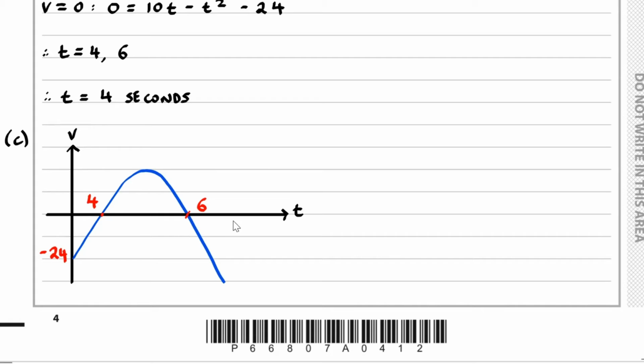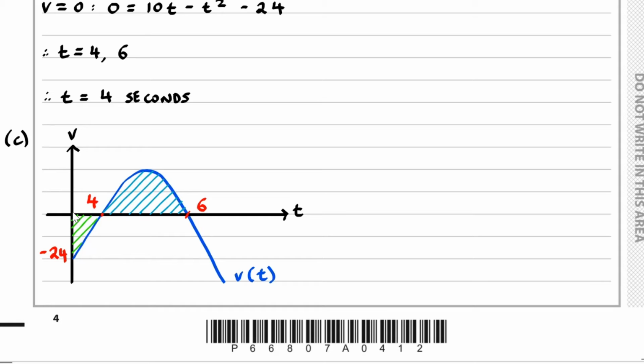Now, taking a look at the graph, we need to find out the total distance. To find the total distance, we have the distance shown here in green, and we also have this distance shown here in turquoise. So for us to find the distance, we'd have to integrate.